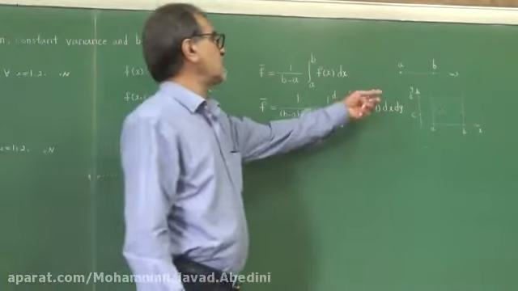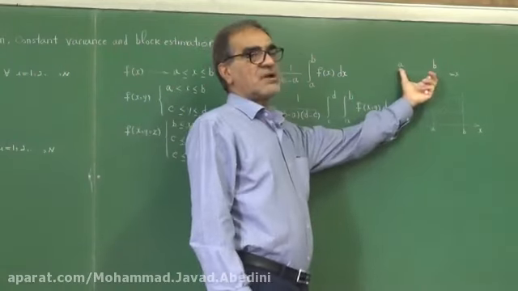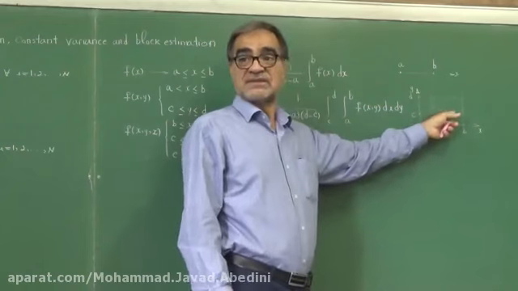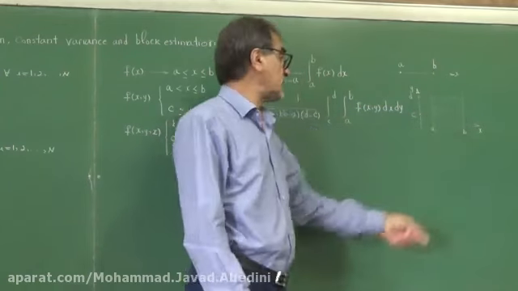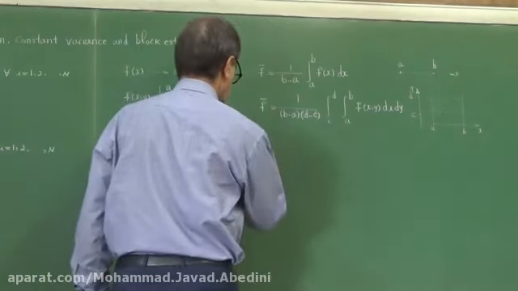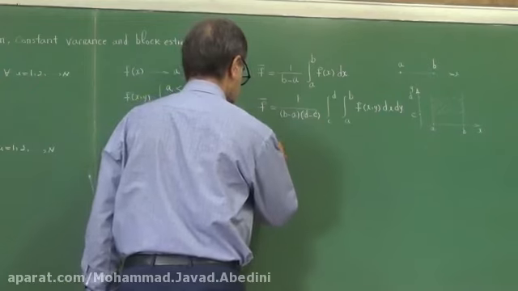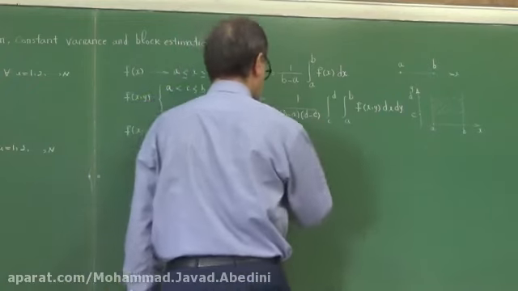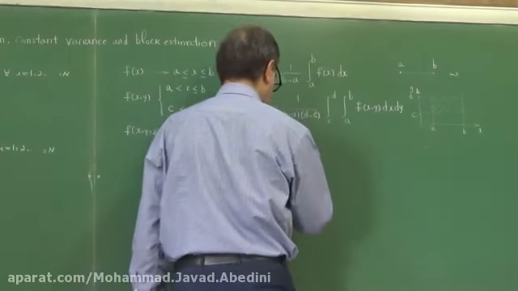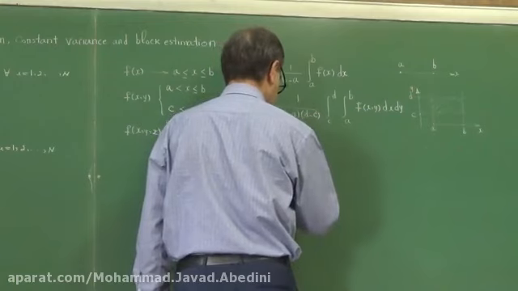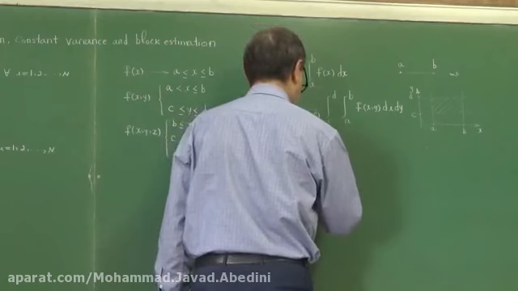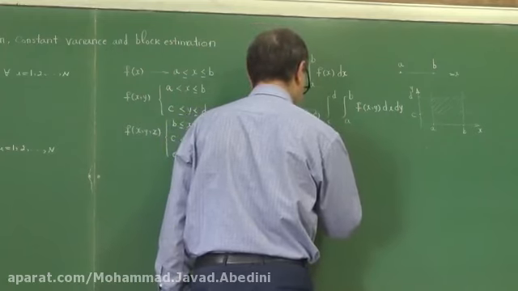Here you are talking about the mean value of f over this interval, this surface area. And then if you are here, you are talking about the mean value of f over b minus a, d minus c, f minus e.